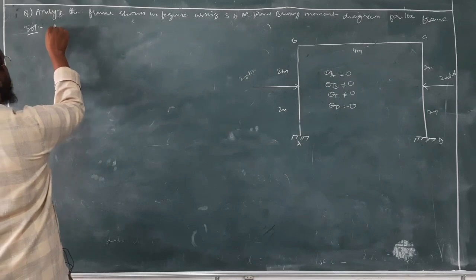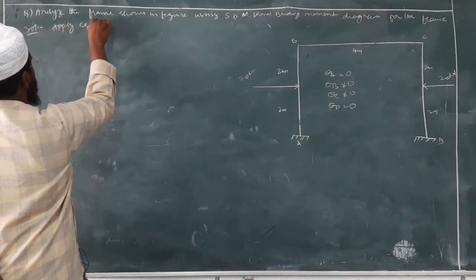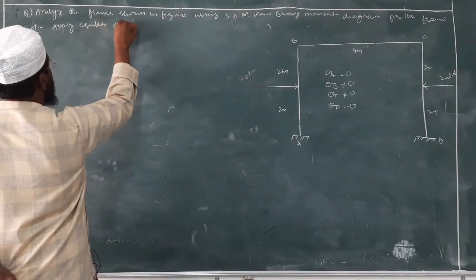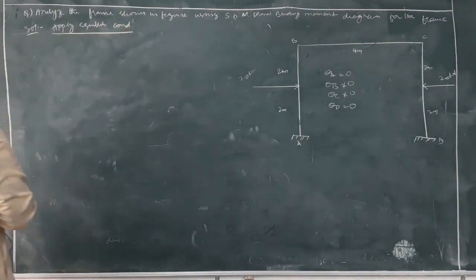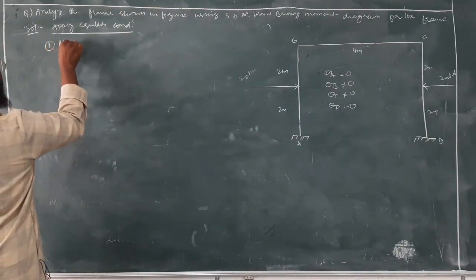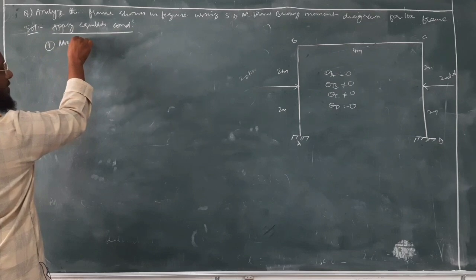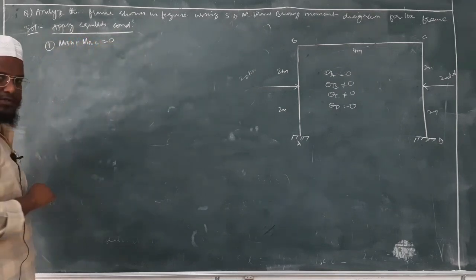So apply equilibrium conditions. For the application of equilibrium conditions, the very first one we have is MBA plus MBC is equal to 0.